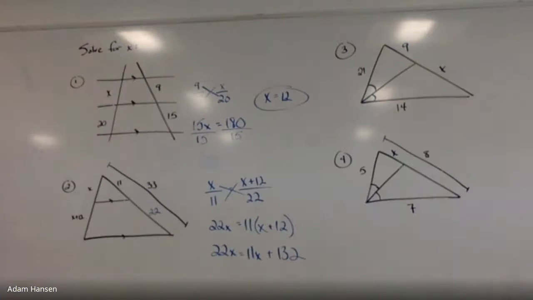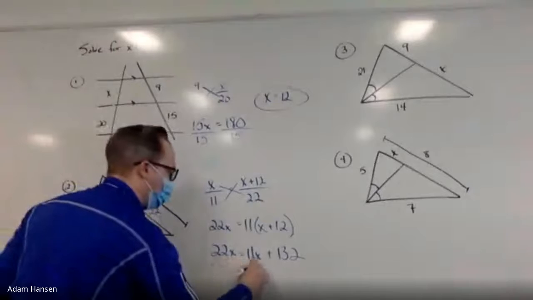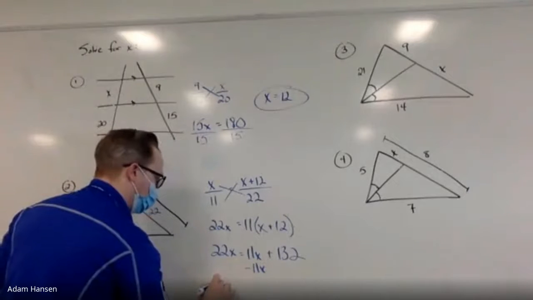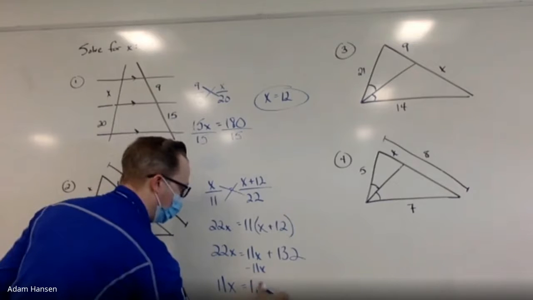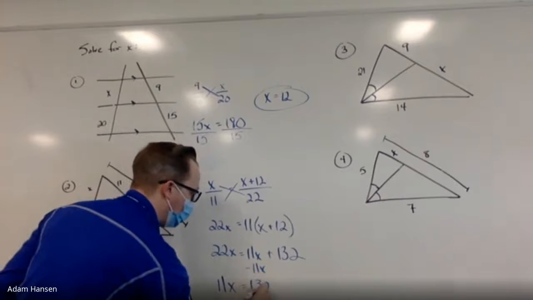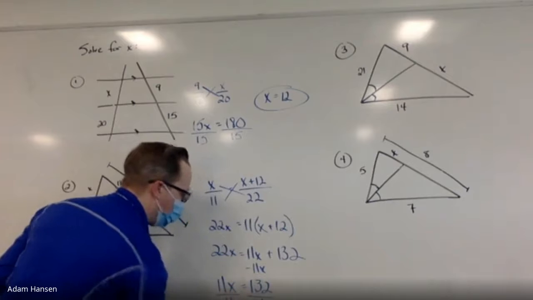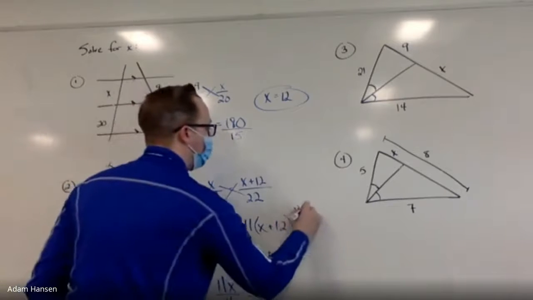So I'll multiply and bring down 22x equals 11x plus 132. Minus the 11x to keep solving. Gives me 11x equals 132. Divide by 11, so it's got to be 12 again.